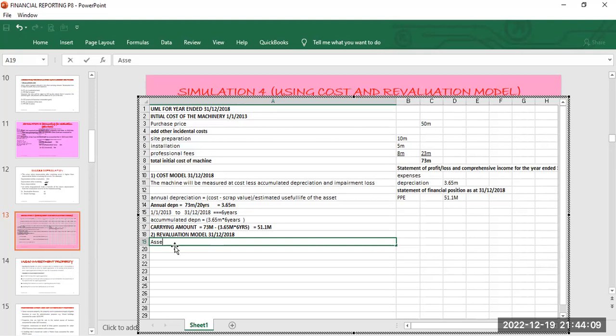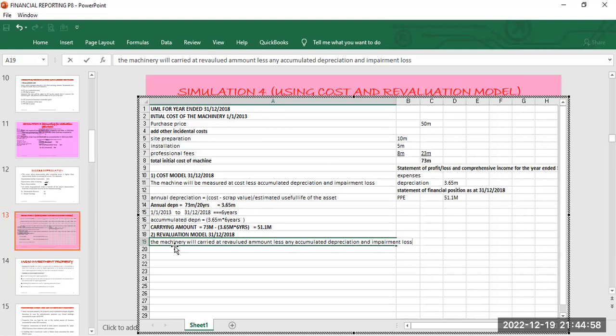The asset, we say the machinery, because it was stated, the machinery will be carried at the revalued amount less any accumulated depreciation, accumulated impairment loss.